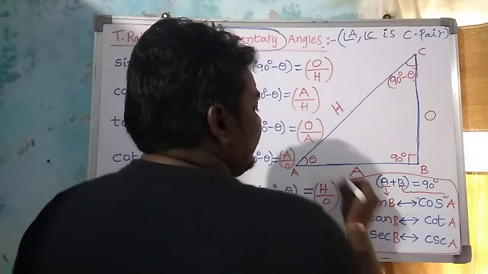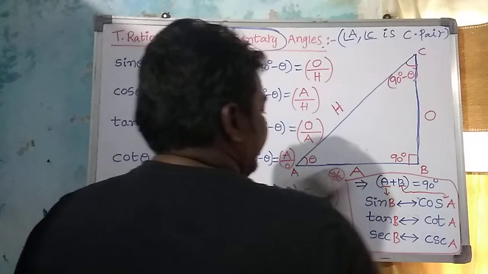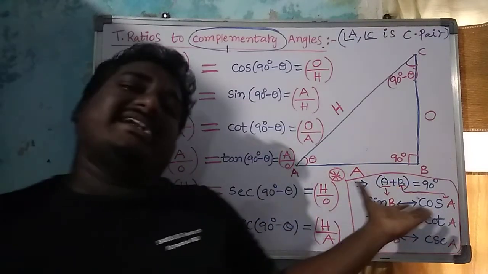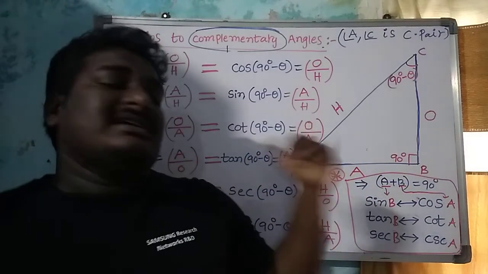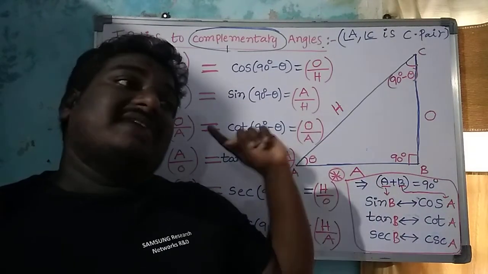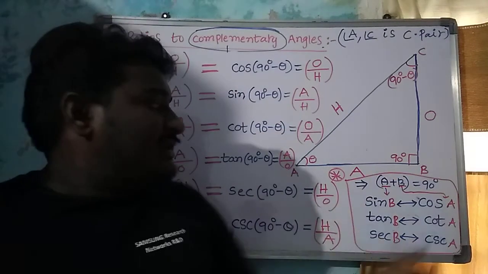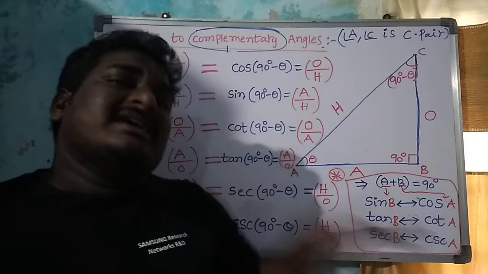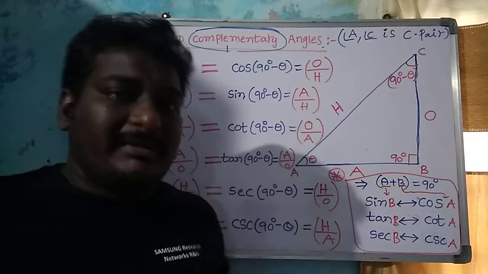How to find the trigonometric ratios of complementary angles: if a plus b equals 90, that means a, b are complementary angles, then sin of one complementary angle equals cos of the other complementary angle.